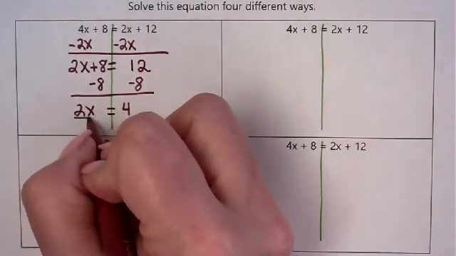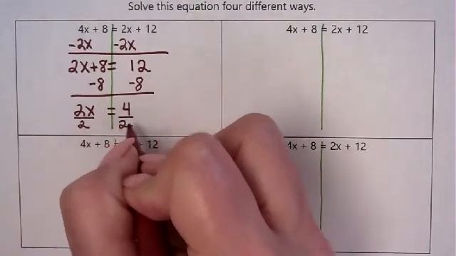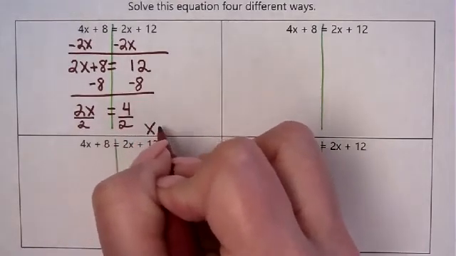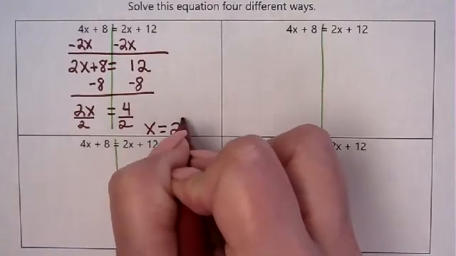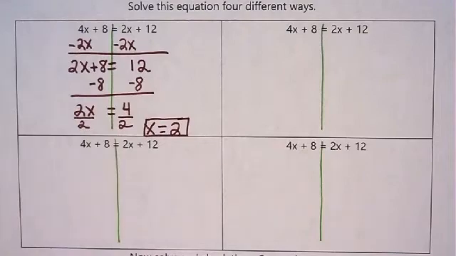Now I'm writing so big, I'm going to run out of room here. Sorry about that. So I'm going to divide both sides by 2, and what I have is x equals 2. Okay. Now, that is one of my 4 ways to work it.